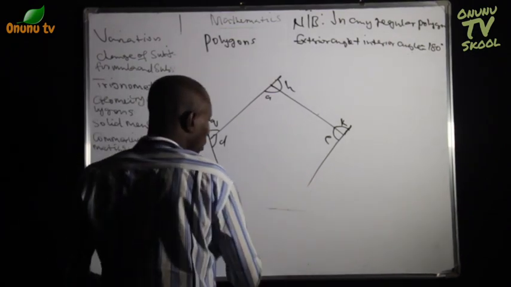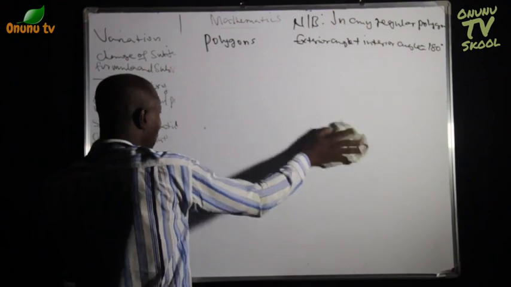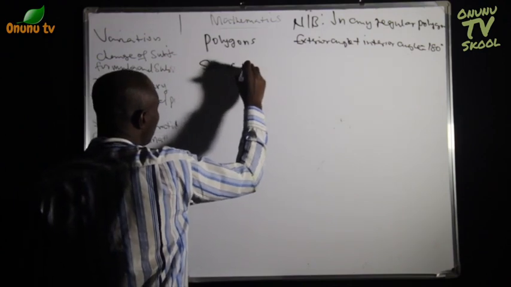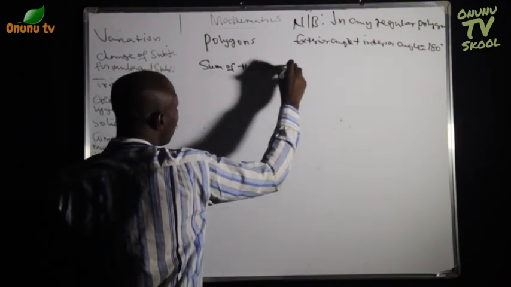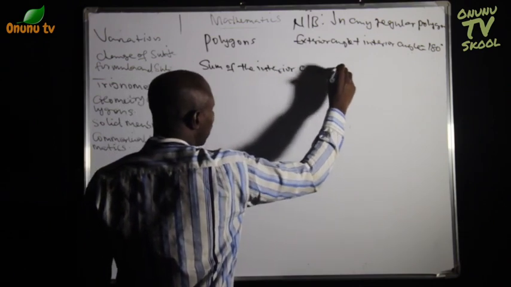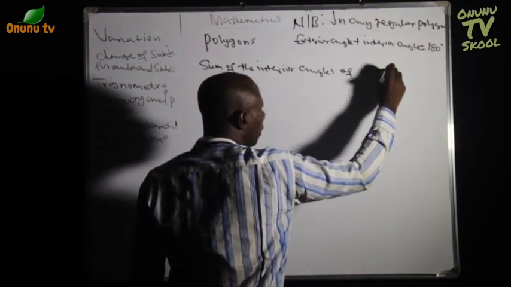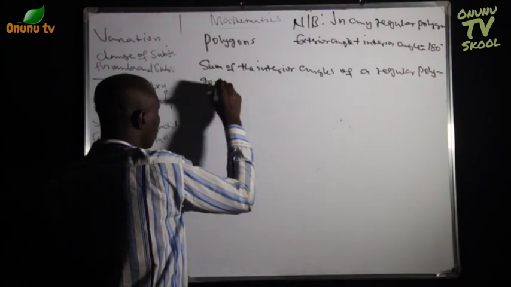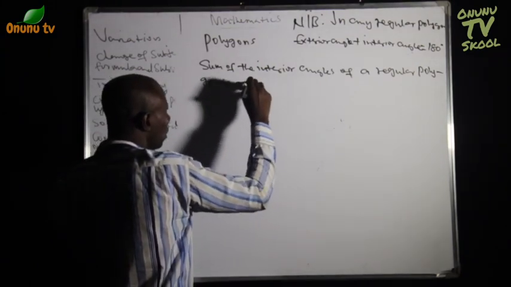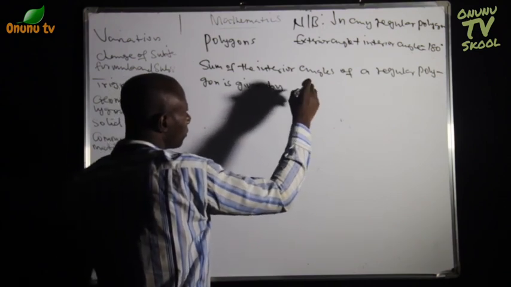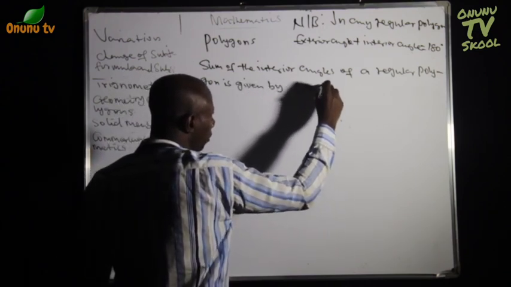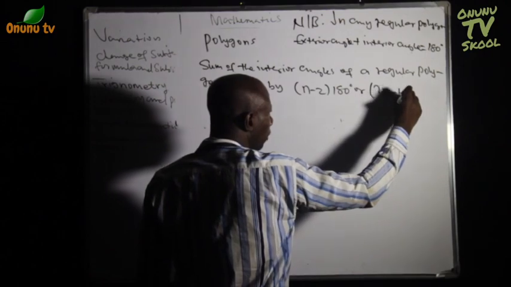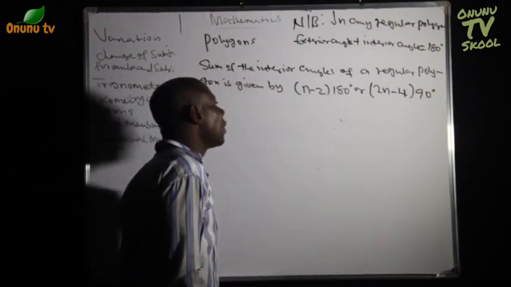The sum of the interior angles of a regular polygon is given by (n minus 2) multiplied by 180 degrees, or you say it is (2n minus 4) times 90 degrees, where n is the number of sides.